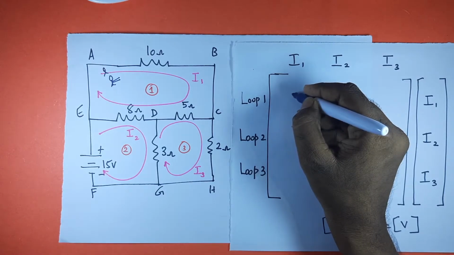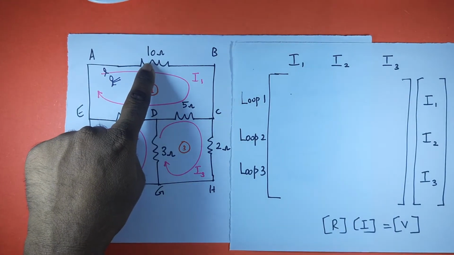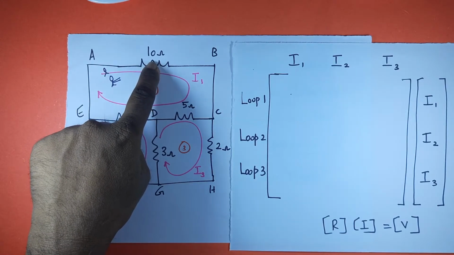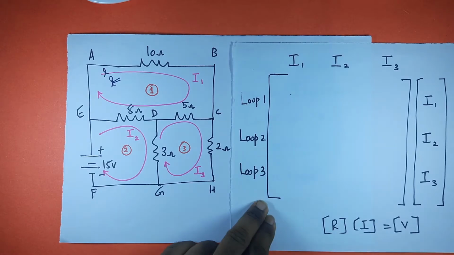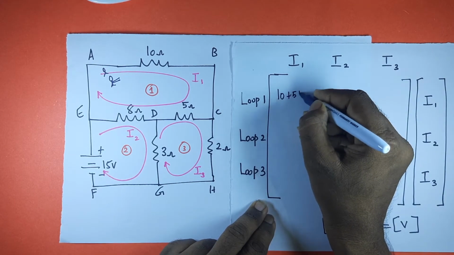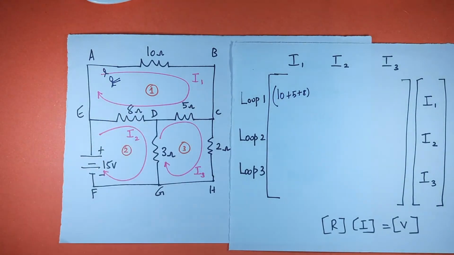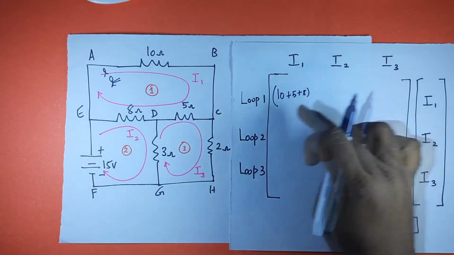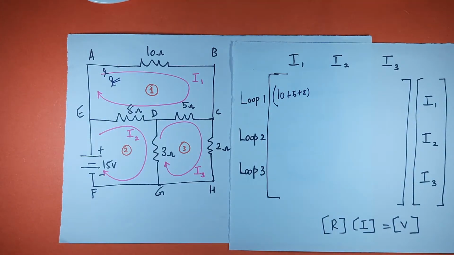So select this point. See, through loop 1, current I1 flows through 10 ohm, 5 ohm and 8 ohm. Okay, so you write 10 plus 5 plus 8, right? Now still you are in loop 1, inside the loop 1.